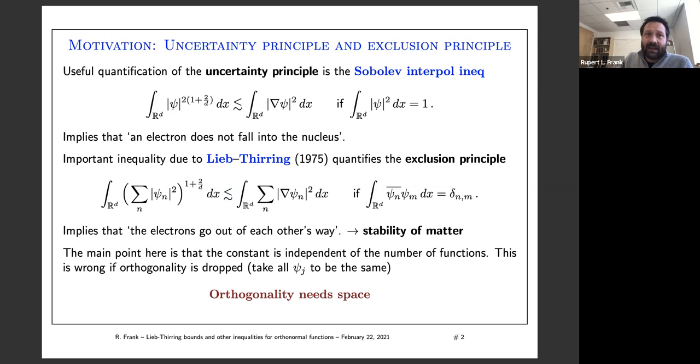Now, on the other hand, if you go to 3 dimensions and higher, there's some strange dimensional phenomenon coming in, and then suddenly a completely different scenario is expected to be optimal. But that's a completely open question. I'm just saying this because this is really what motivates a lot of results in this area.